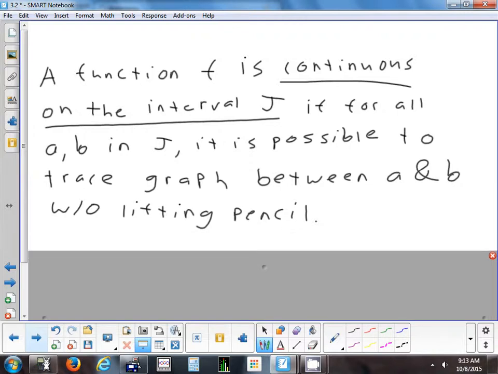Sometimes I might not ask you to trace the whole graph. Say I gave you something like this and I said, over the interval from 2 to 4, could I trace this graph on the interval from 2 to 4 without picking up my pencil?